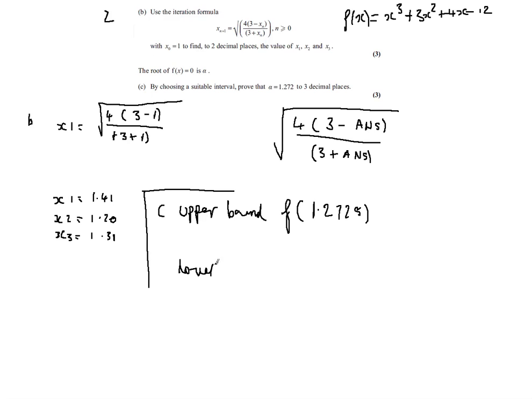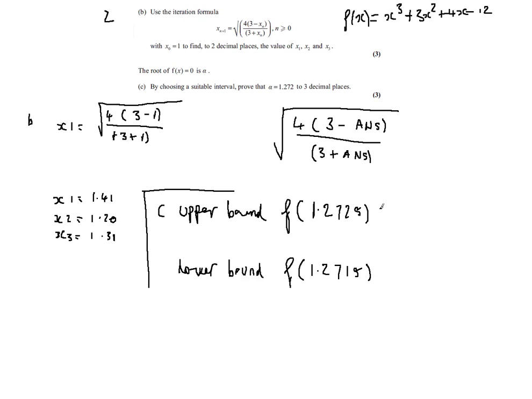What do I mean by the upper and lower bound? I mean the biggest value that will round down to 1.272, and the lowest value that will round up to 1.272. So that's going to be 1.2725 and 1.2715.